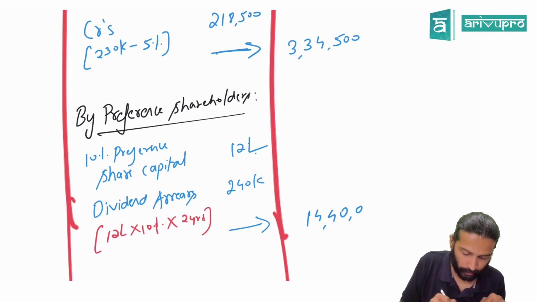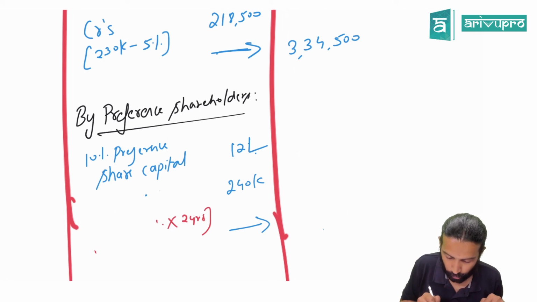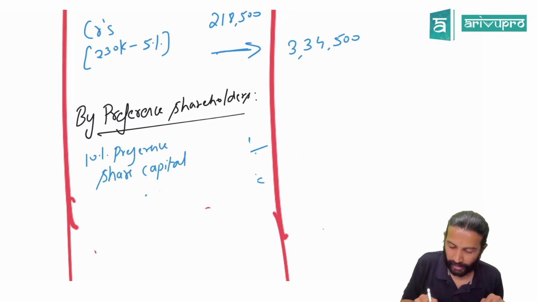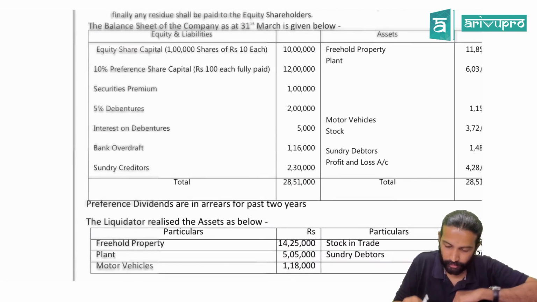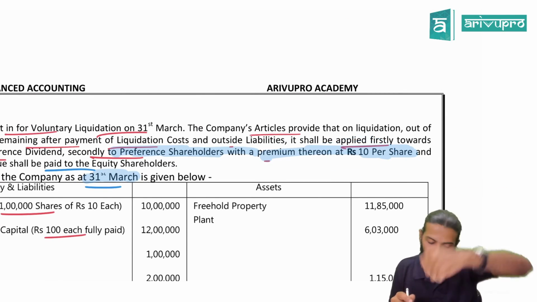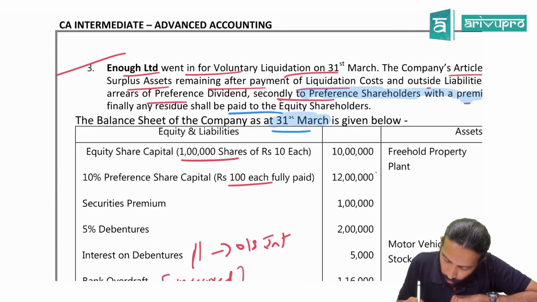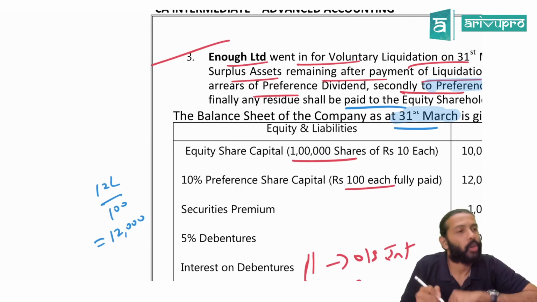Oh, okay, perfect, correct. See, one more mistake. What is that mistake? In fact, we'll write off here. This is not that. Are you paying 12 lakh to the preference shareholders, sir? First line only they gave. You are paying preference shareholders a premium of 10 per share. Check. What is your preference share capital, sir? 12 lakh. Each one's face value is how much? 100. That means how many preference shares you have? 12,000.